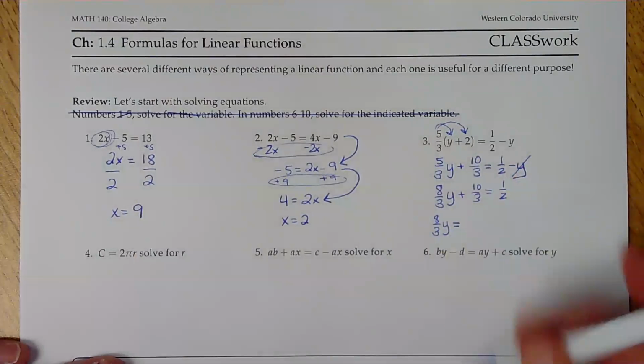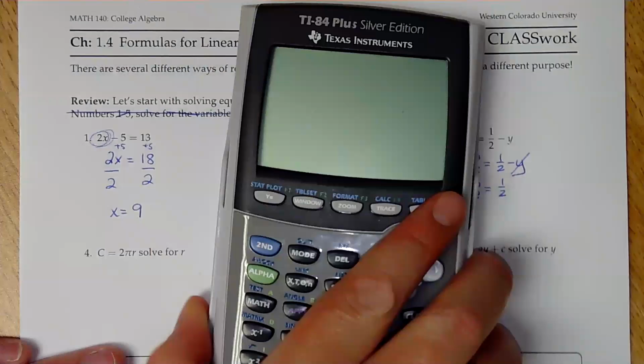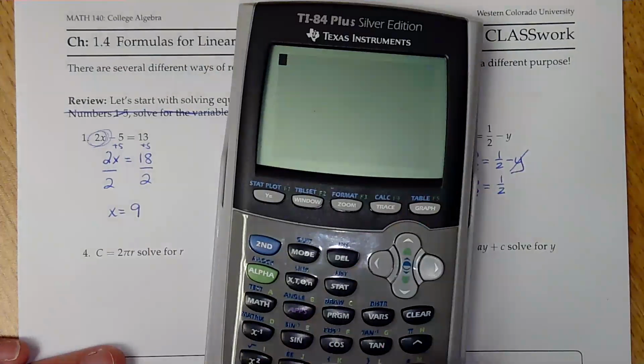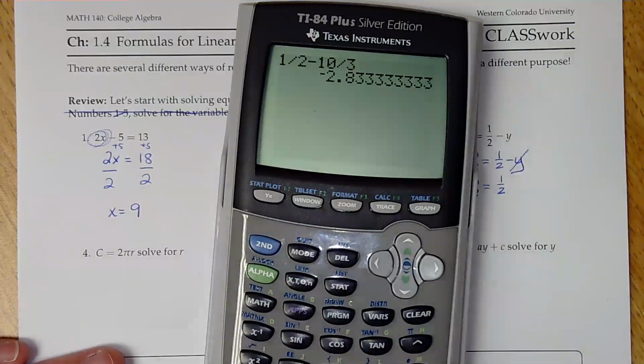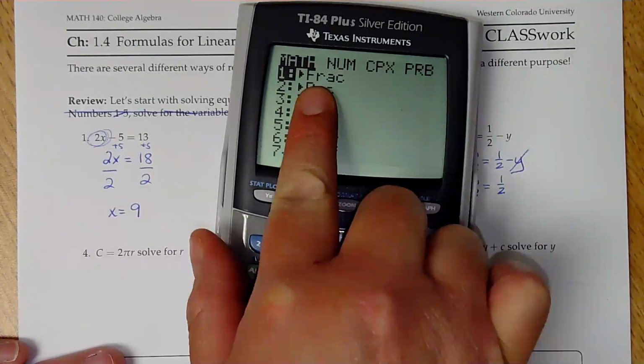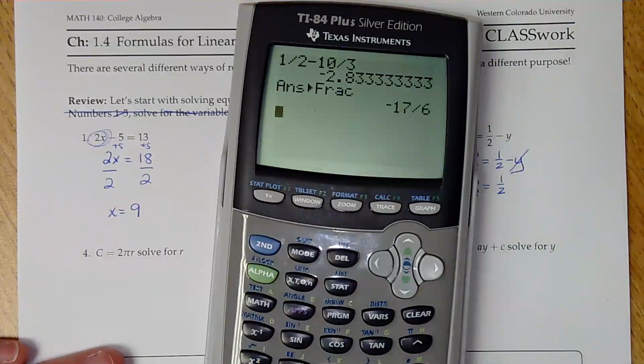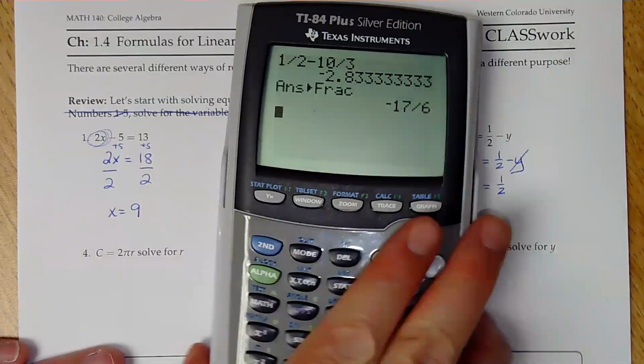You can certainly put that into your calculator. If you have a graphing calculator, it can actually convert it back to a fraction for you. So we have 1 divided by 2 minus 10/3. It gives me a decimal. To get it back to a fraction, I can push the math button, and it highlights this fraction. So you just hit enter and then push enter again. We get -17/6.